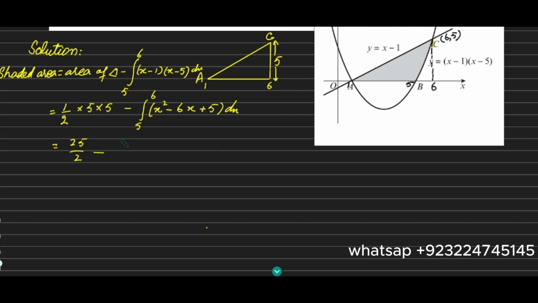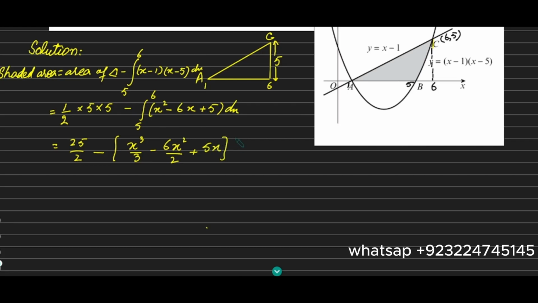minus, when we integrate it, we will get x cubed by 3 minus 6x squared by 2 plus 5 into x.